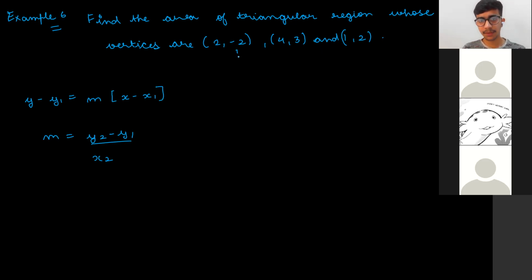Take any 2 of them: first these 2, then these 2, and then the first and the last. So you will get 3 equations of lines. Tell me all of those 3 equations.